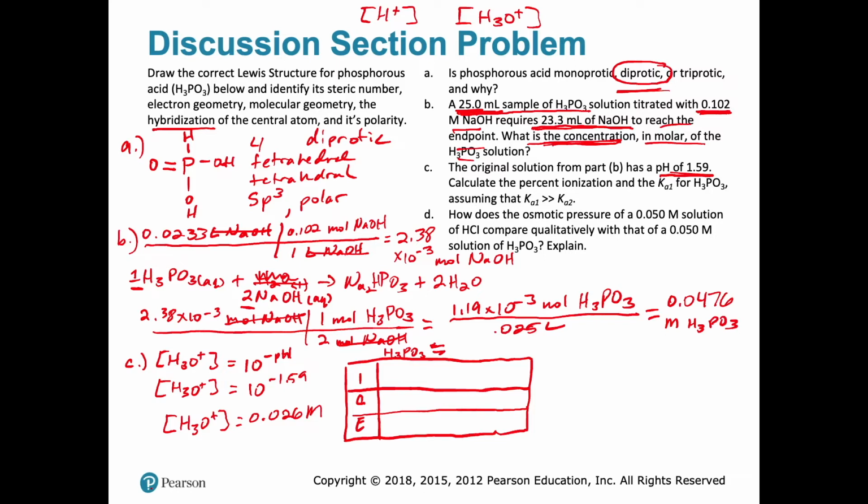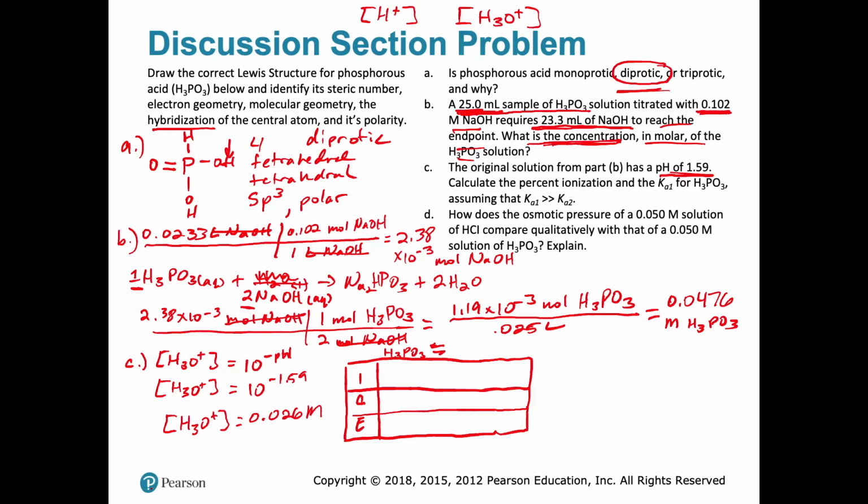But it's not, because in the problem I asked you to only do one Ka, Ka1, not Ka2, not Ka3. So when I say only do one Ka, it means I only want you to remove one proton, that one right there.